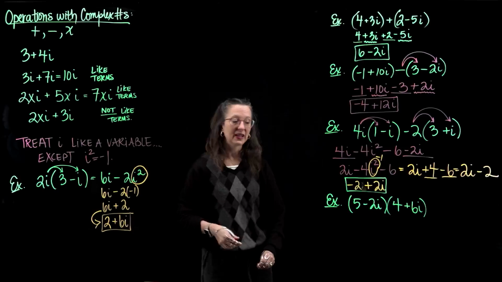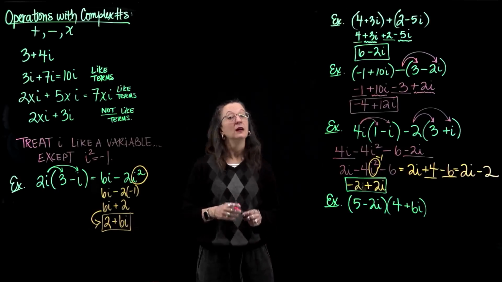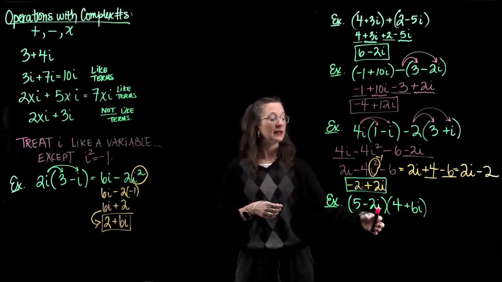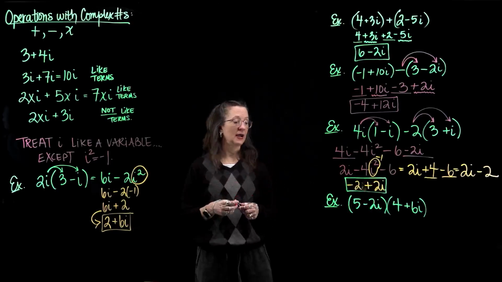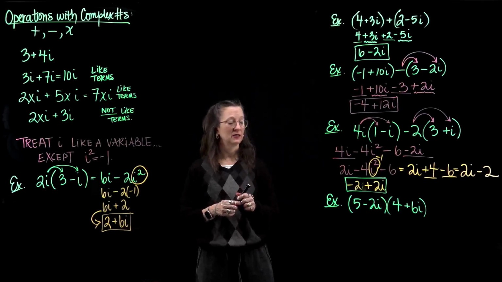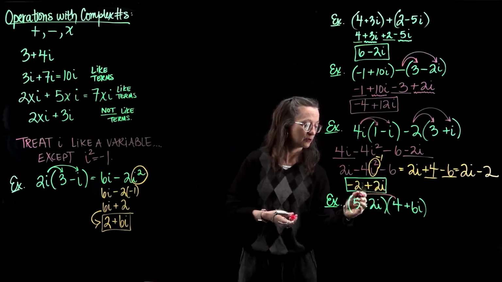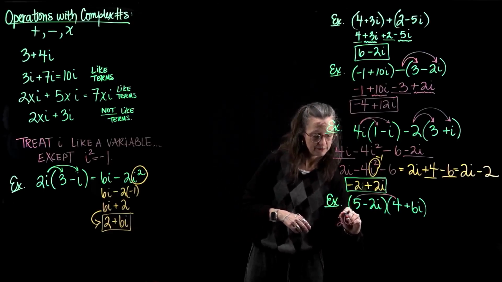Now remember, I said we're going to treat i just like a variable until we get to an i squared. So if this i were an x, we would be very comfortable foiling this out. And we're going to treat the i just the same as we would if it's an x. So first terms first, 5 times 4 is going to give me 20.